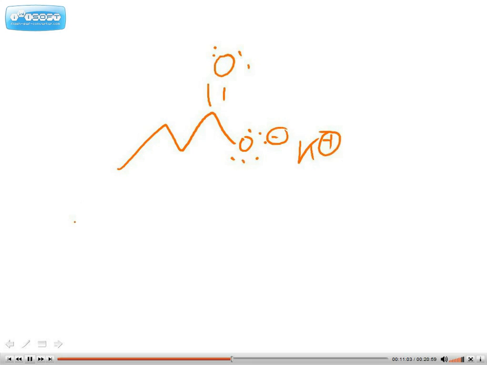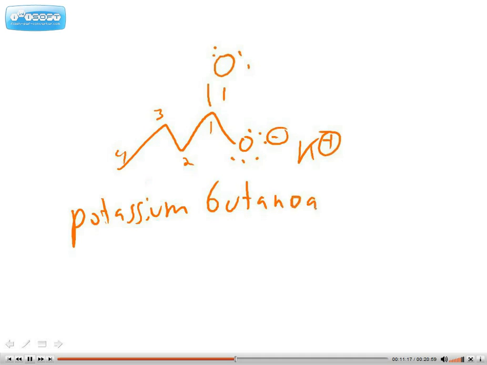We talked about how we have a name like this, and I'm just going to go back to my potassium as my example. So in this case, for the acid salt, it was potassium 1, 2, 3, 4, potassium butanoate.